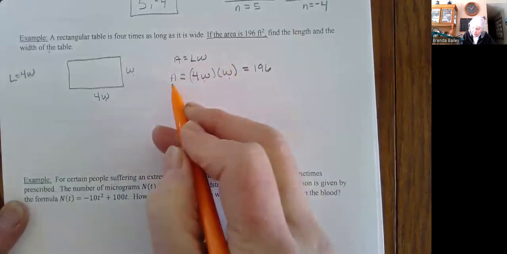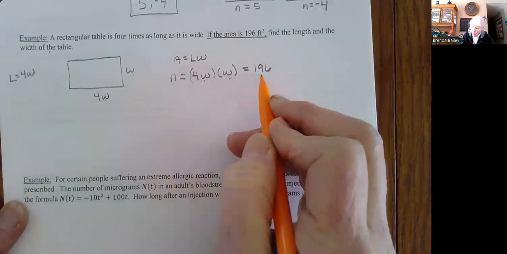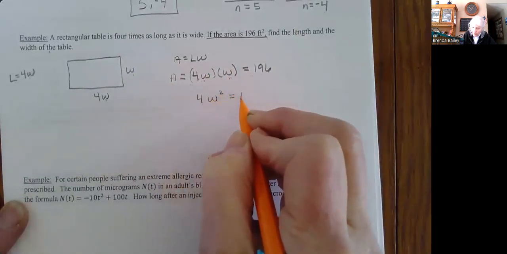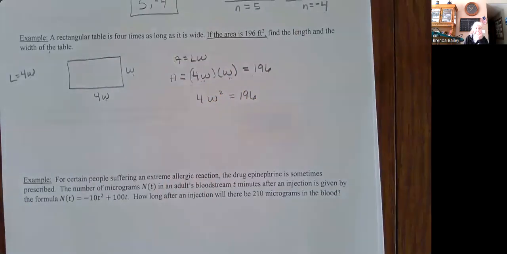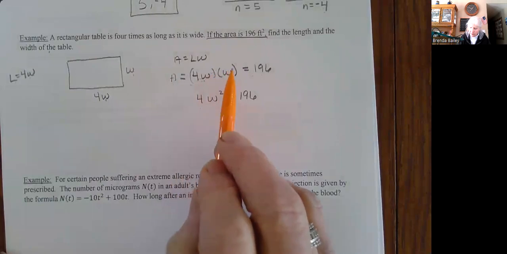So 4W squared is 196, multiplying that together. There's no plus sign or minus sign, so don't use the distributive property. You just take the 4 times the 1, and then you add exponents.